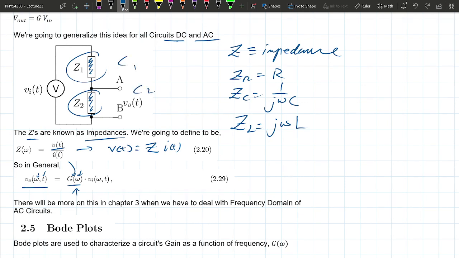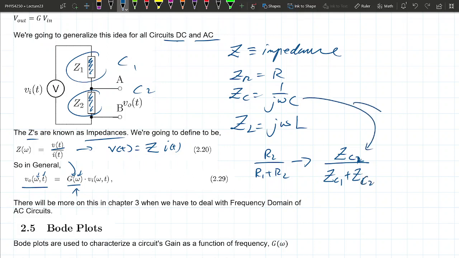Instead of R1 over R1 plus R2, it becomes the impedance of capacitor 1 over the impedance of capacitor 1 plus the impedance of capacitor 2. If you fill this algebra out, it just turns into a long equation. I'm not going to do that, but it's the same idea.